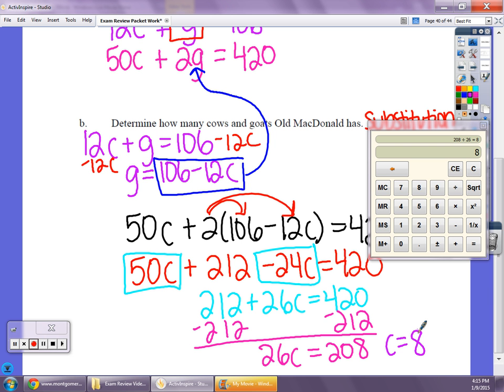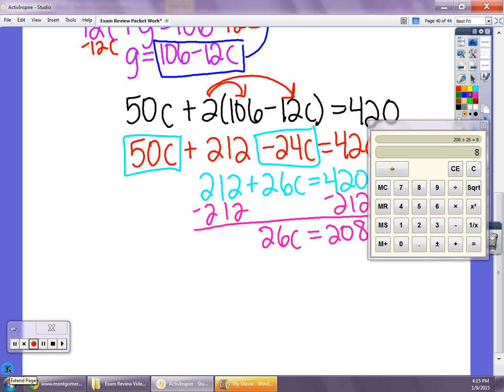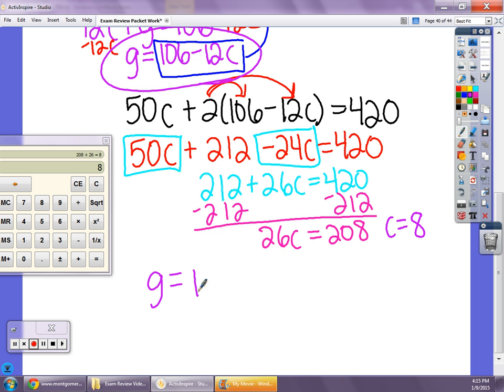And since we know the number of cows was 8, we can use that to figure out the number of goats. We know that G is equal to 106 minus 12C.